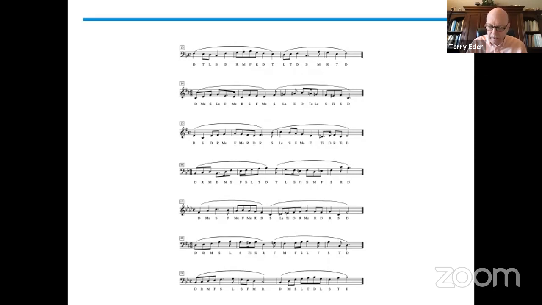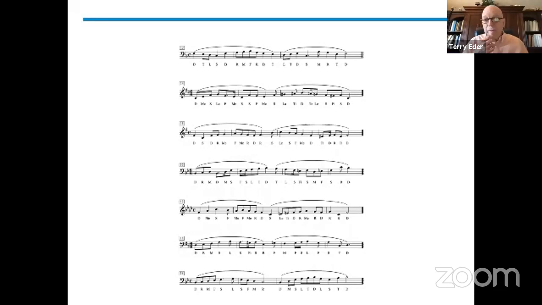And then it goes, this is 5, 6, 7, 1, 7, 6. See, then you have to go back to natural minor. 5, 4, higher 5, 1. So for me to sing that: Do, me, sol, le, fa, me, re, sol, fa, me, sol, la, ti, do, te, le, sol, fi, sol, do.